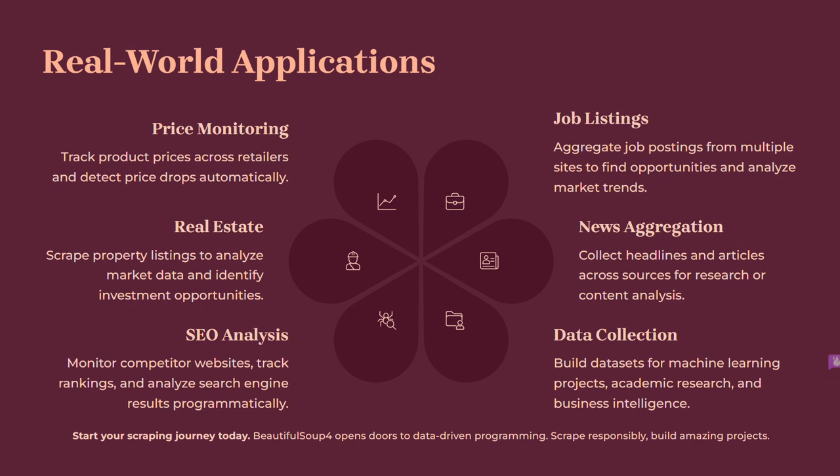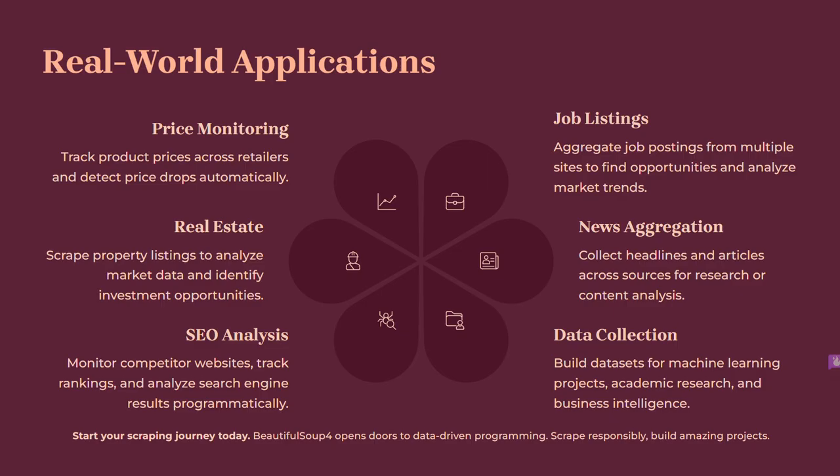The third is news aggregation. Build your own news reader that gathers headlines from different sources. Fourth is data collection for machine learning. Need a large dataset for ML? Scrape text, images, product details, reviews, whatever you need with the help of Beautiful Soup. Fifth is SEO analysis.